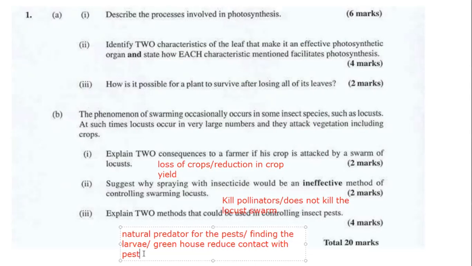Finding the larvae: if we find the larvae and we kill them from that stage, then we have a reduction in the number of pests growing into adult form to actually trouble our crops. So you have to talk about these things and give more details. These are just pointers to help you. Okay?